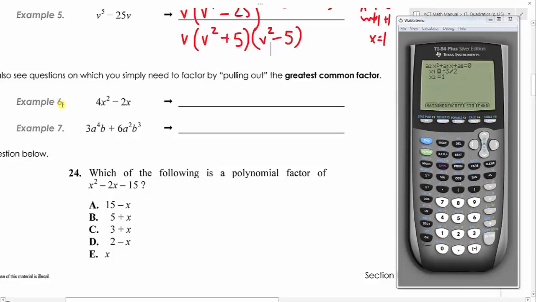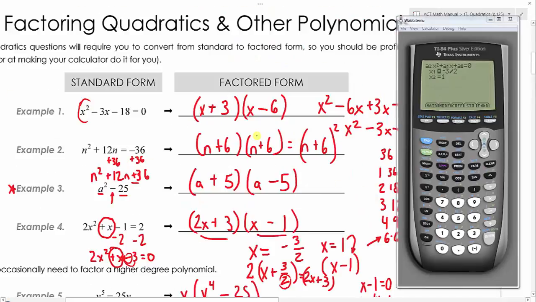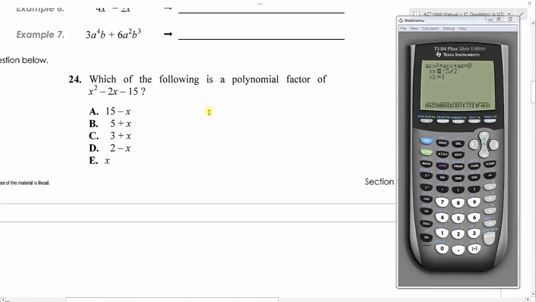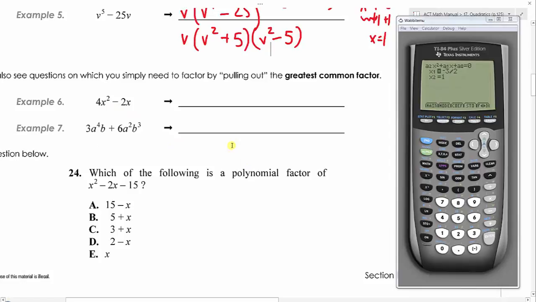So in examples 6 and 7, we are actually not going to factor these in the typical way that we did up here in examples 1 through 4, where we end up with a set of parenthesized factors. In these quadratics, we actually can only pull out like terms or pull out the greatest common factor.